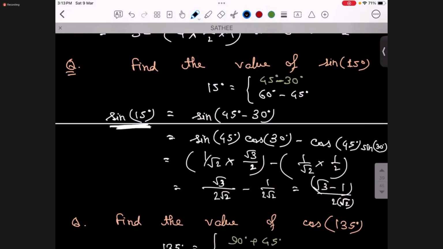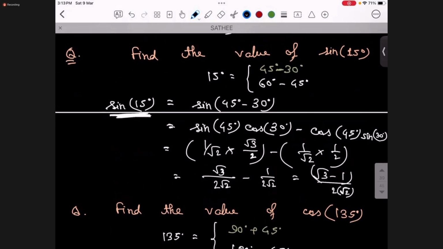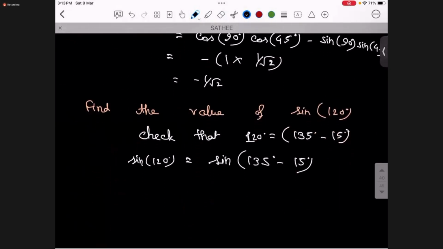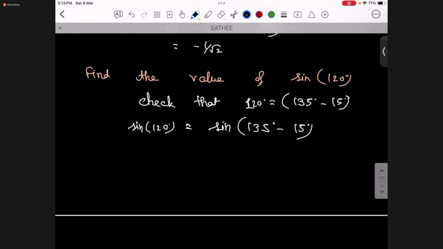Using these two, and also cos 15, we can put those values in this expression and find the value of sin 120 degree.